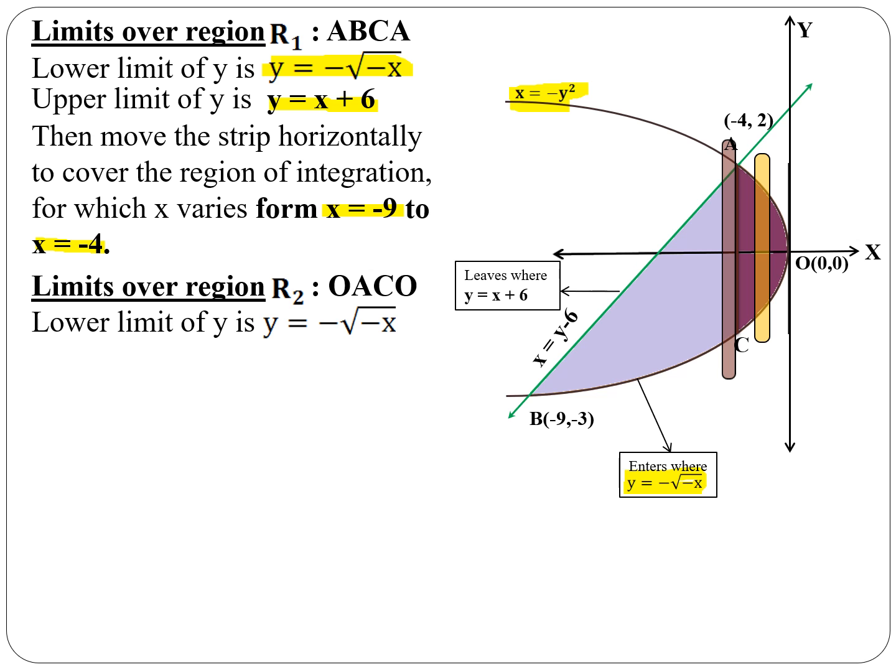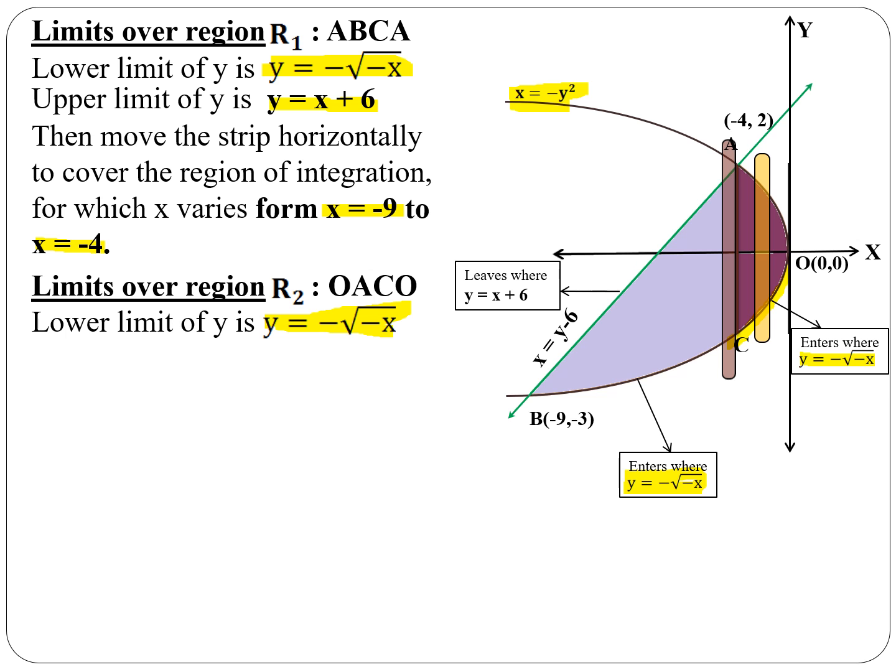Okay, so the strip first enters the region from the lower side of the parabola, which is the negative part of the parabola OC. So the negative part of the parabola is y is equal to minus under root of minus x. So y is equal to minus under root of minus x is your lower limit.